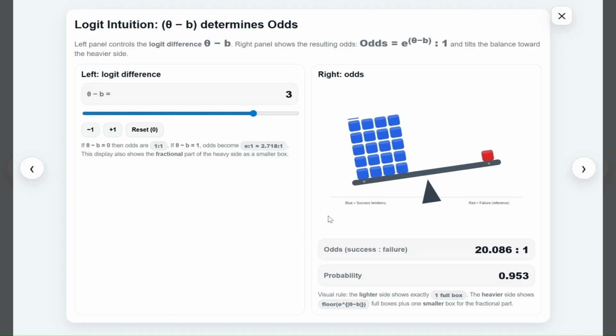As the logit increases by addition of 1 unit, at each unit of addition to the logit scale, the odds will increase by a fixed multiple of 2.72, which is the natural number e.